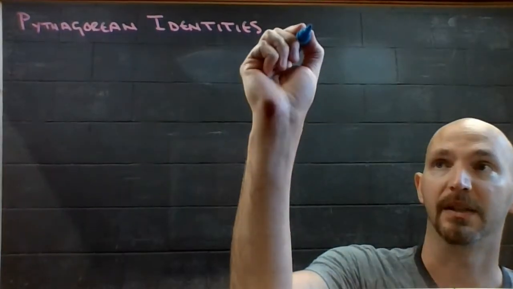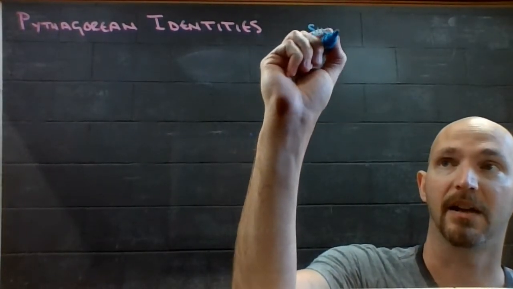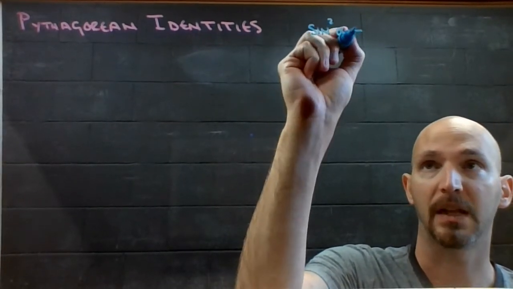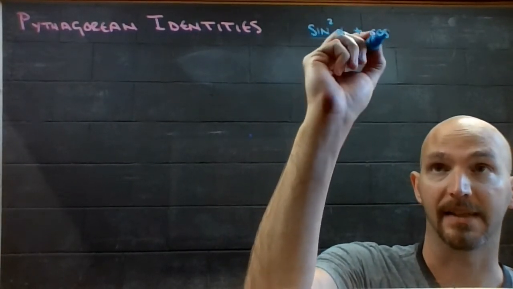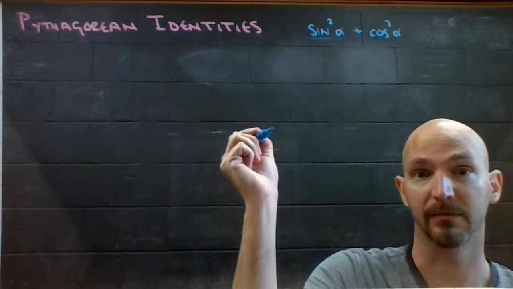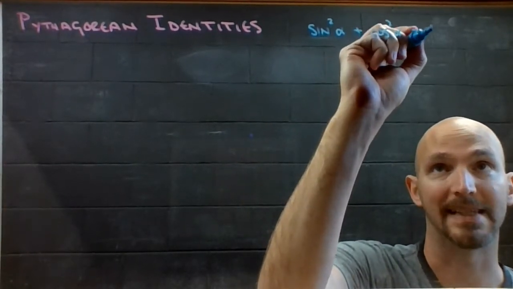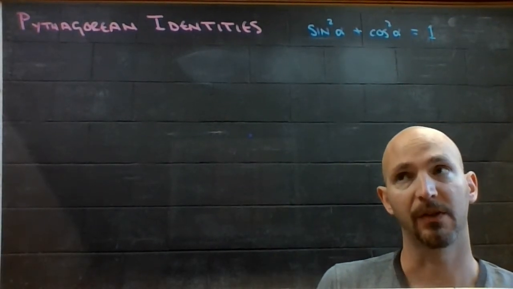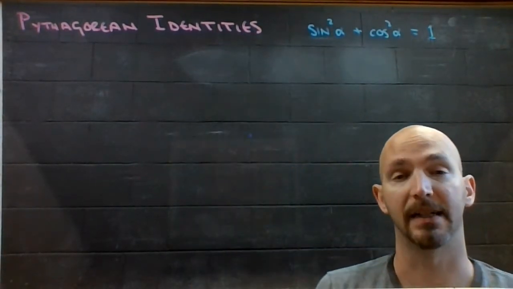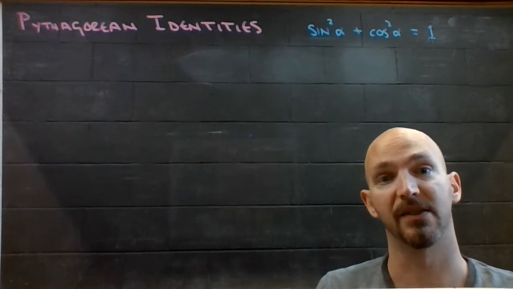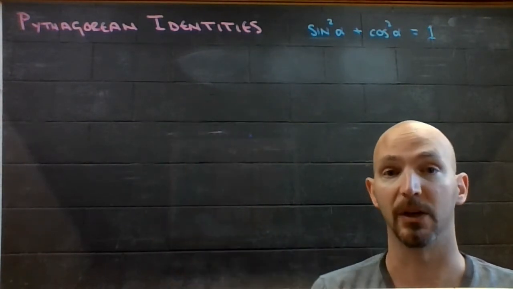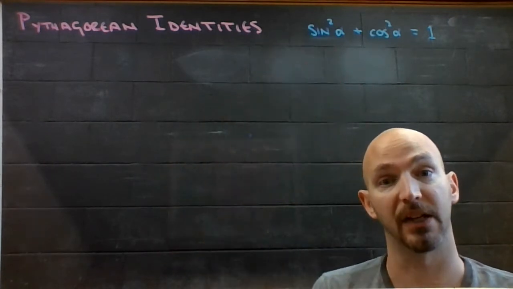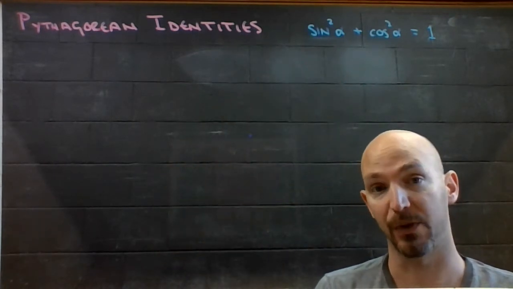So the first one is that the sine of anything, if you square it, plus the cosine of that same thing, squared, adds up to exactly 1. So this is one of the Pythagorean identities. And if you want to see why this is true, then scroll down below the video, and there are some notes there, and you can see a geometric justification for why it's true.